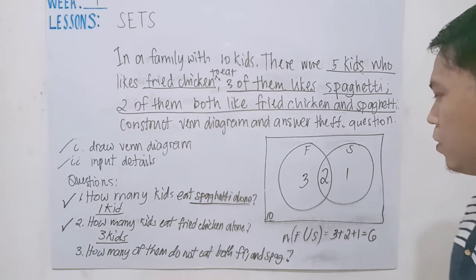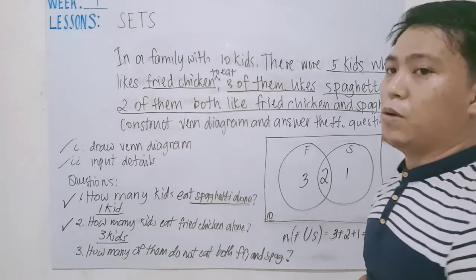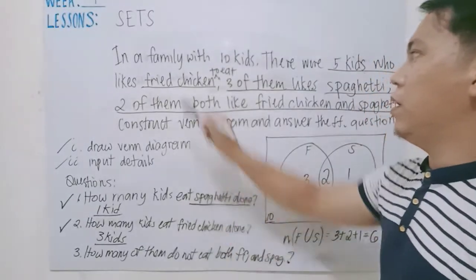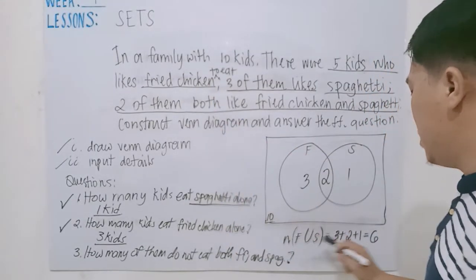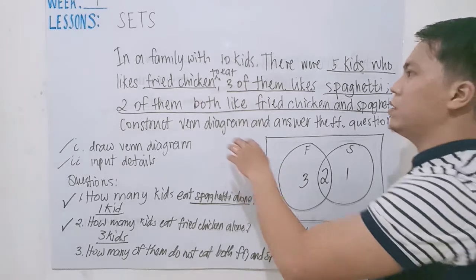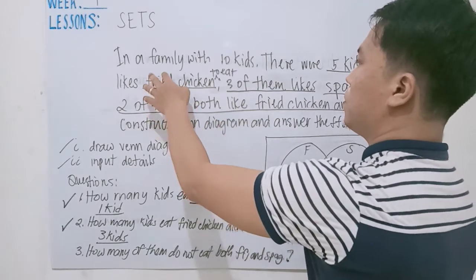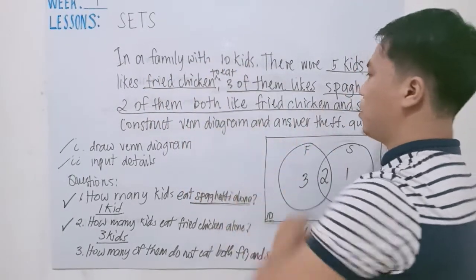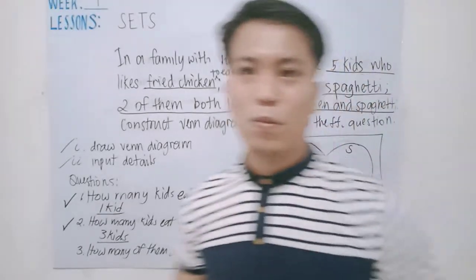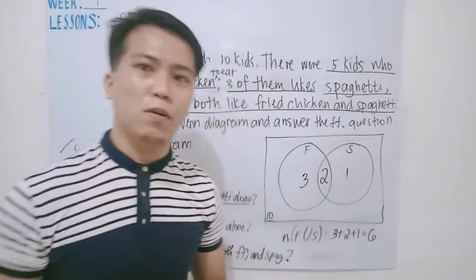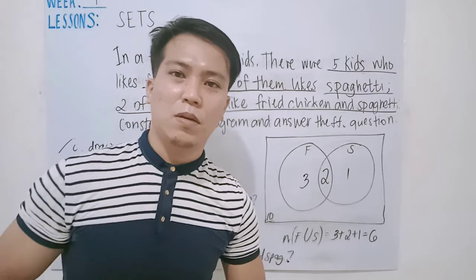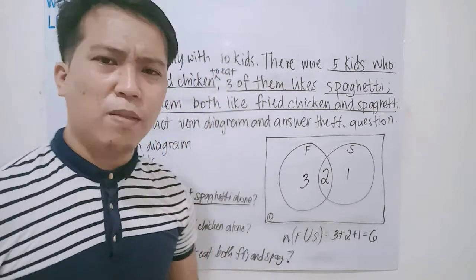Why 6? Because there were 10 kids in the family, but there were only 6 kids who eat fried chicken and spaghetti. I wonder what happened to the other siblings, or what foods they like to eat.